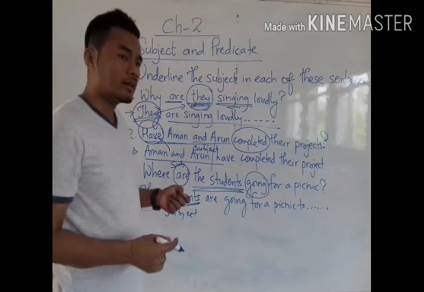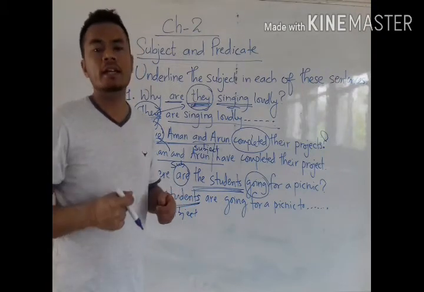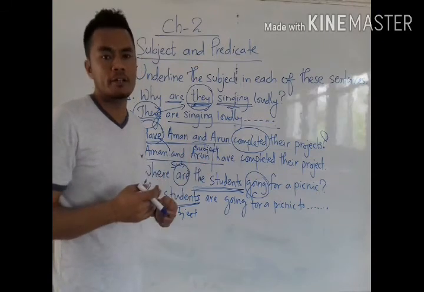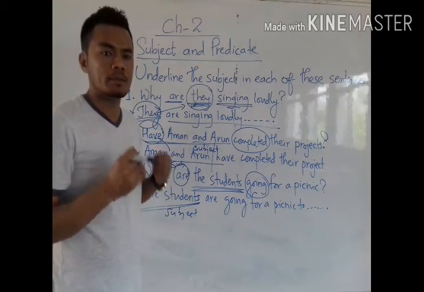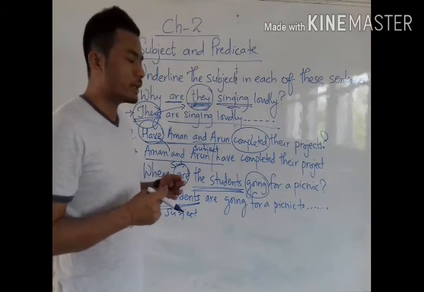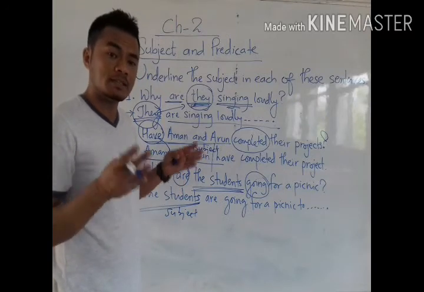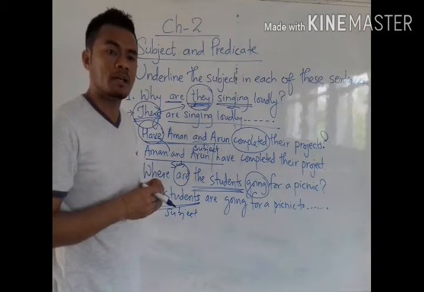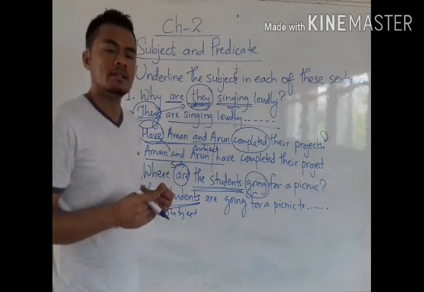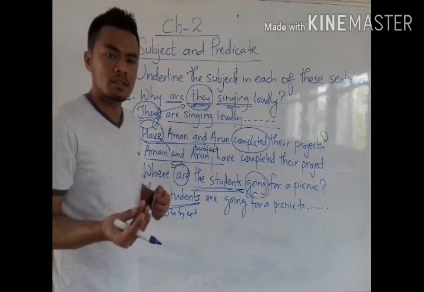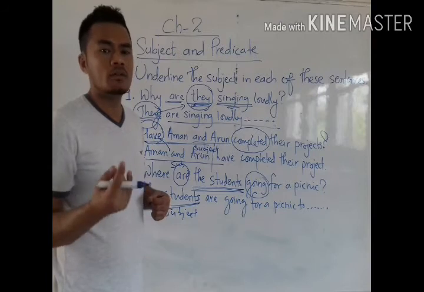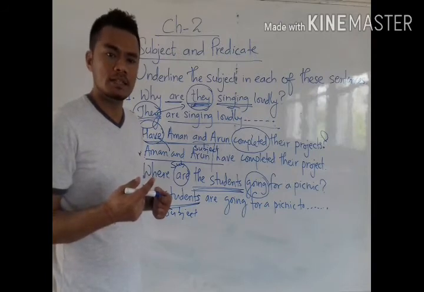So the first easy way to find out subject and predicate is to see the helping verb and main verb. If you find the helping verb and main verb in both WH questions and verbal questions, then you are able to find the subject, because subjects come between the helping verb and main verb in both. Otherwise, you can change those questions into statements or answers. From those answers, you will find out the subject easily.